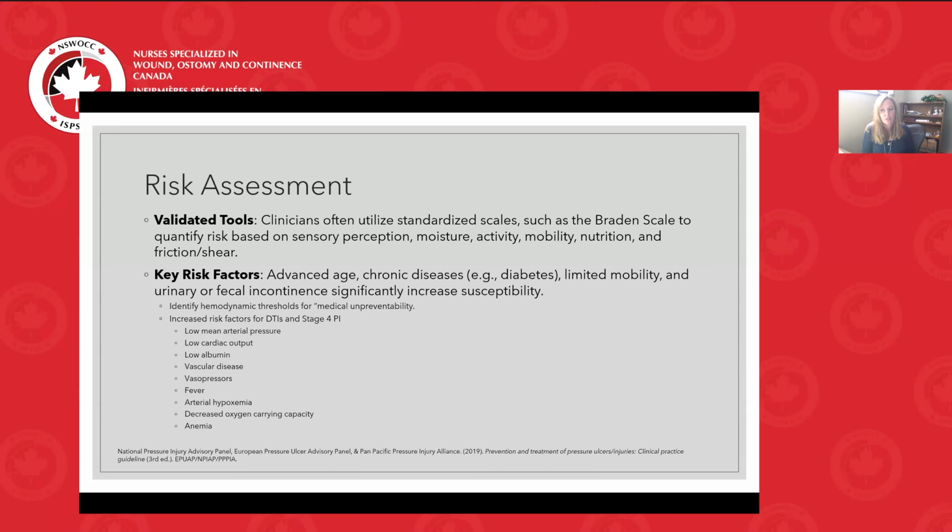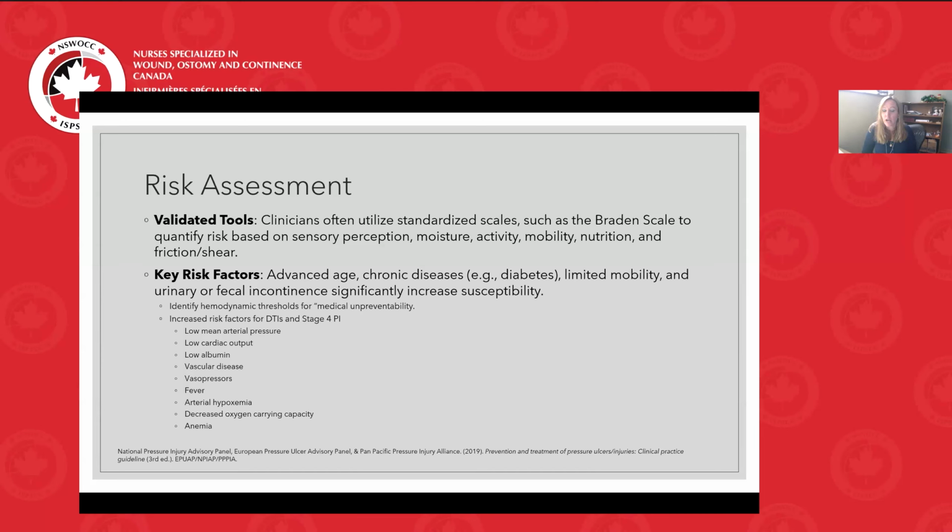One key thing to remember, though, is that because it's broken down into these categories, you can have a patient that's low in a category for, say, activity, but they score okay in the other categories of nutrition, friction, shear. So they might not be showing up as high of a risk, but we know, because we know our patient and we've done a thorough assessment, that they're still at high risk for the development of a pressure injury. So we need to implement those effective strategies to prevent it.